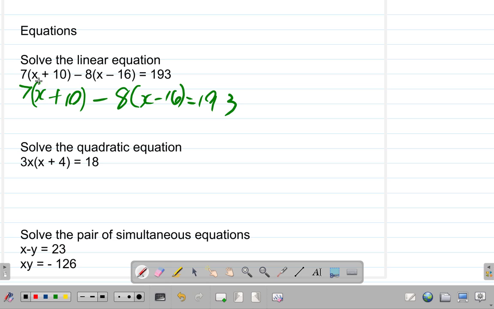if we multiply out the brackets, 7 times x will give you 7x, plus 7 times 10 will give you 70. Minus 8 times x will give you minus 8x.